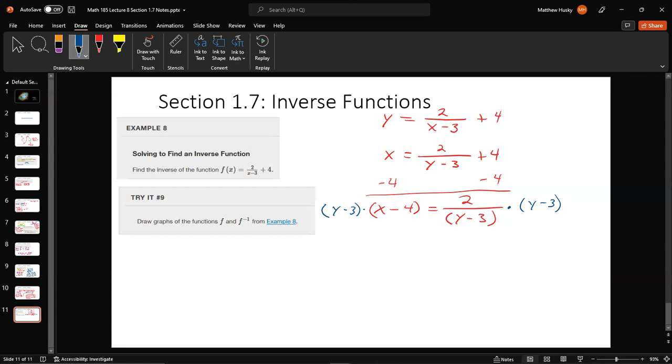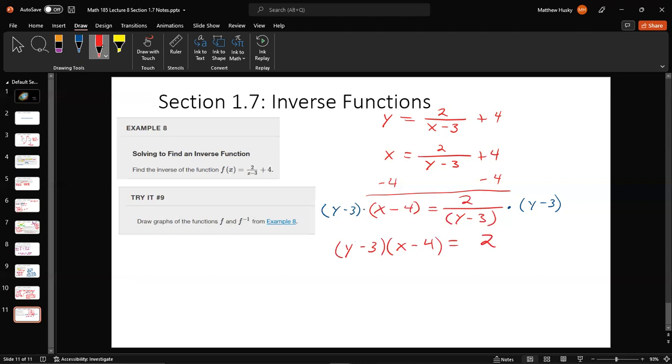You might be tempted to do FOIL with that, but we're actually not going to do that because we're trying to solve for the y. So we're going to get rid of that a different way. Resist the temptation to FOIL that out because it's just going to make it more complicated than it needs to be.